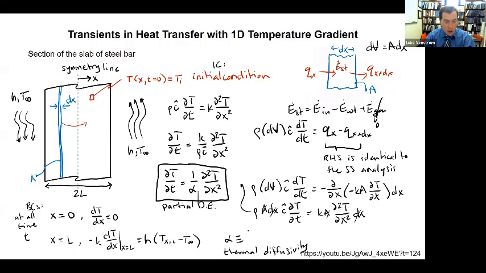And by definition, it is equal to k over rho c. Whoops. Sorry, I put this on the wrong term. It's not 1 over alpha, it's just alpha. Boom, sorry, it's just alpha. So by definition, it's k over rho times c.